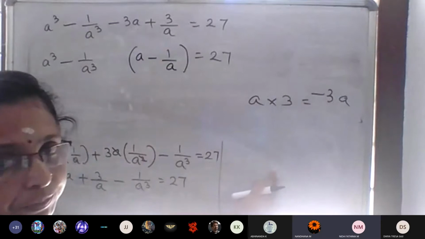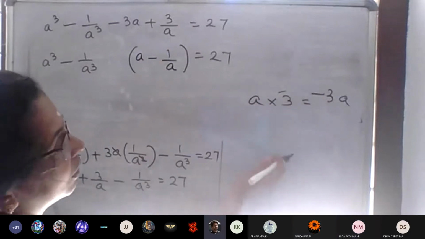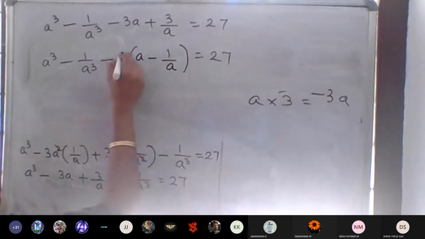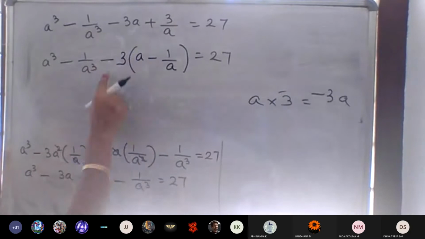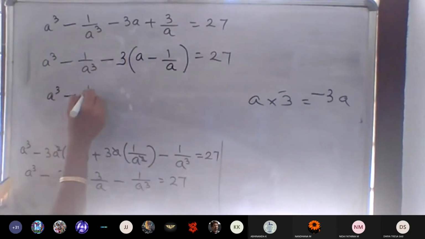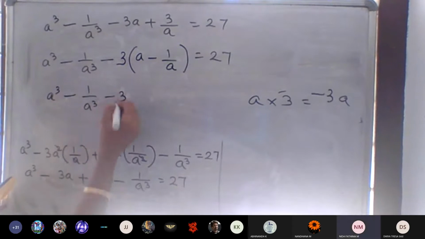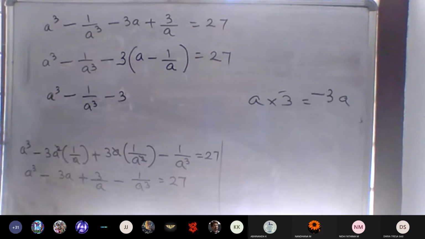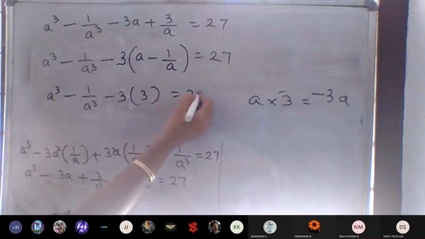So negative 3 we have to take, then automatically it will be positive 3 by a. So a cube minus 1 by a cube minus 3 into a minus 1 by a value, 3, is equal to 27.